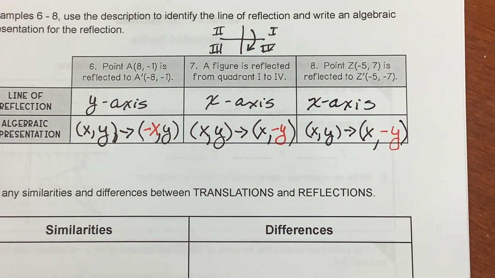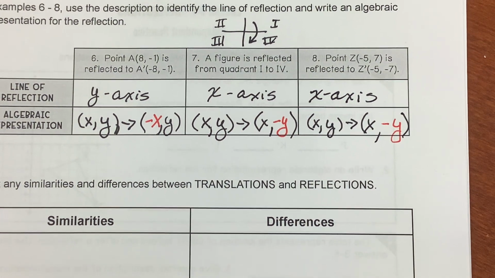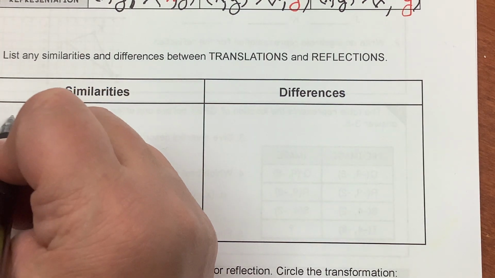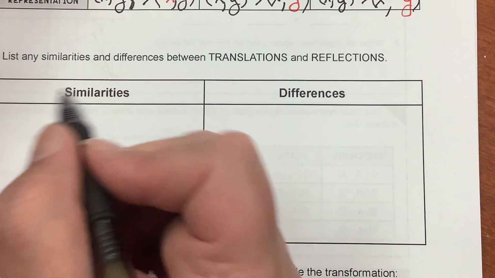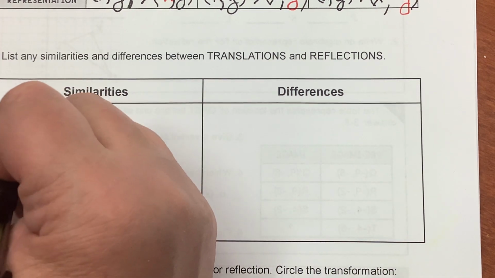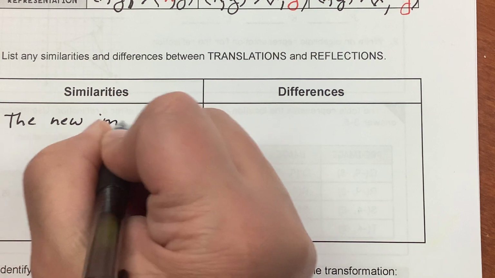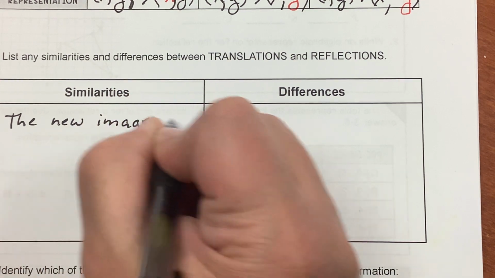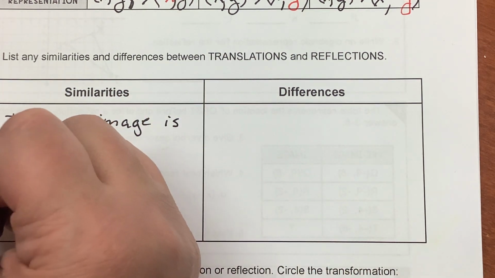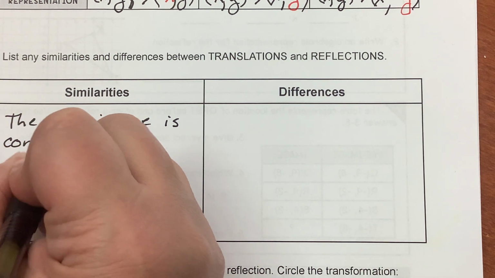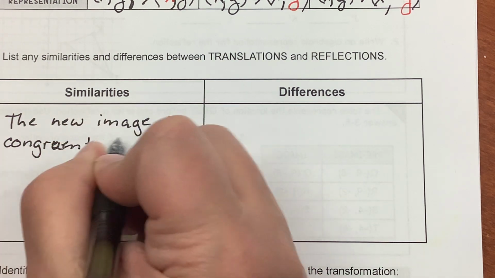All right, so list any similarities or differences. Well, similarities. They're both congruent. The new image is congruent to the pre-image.